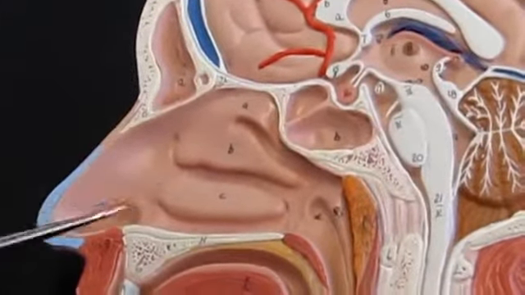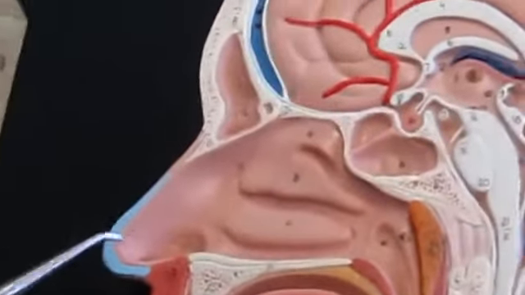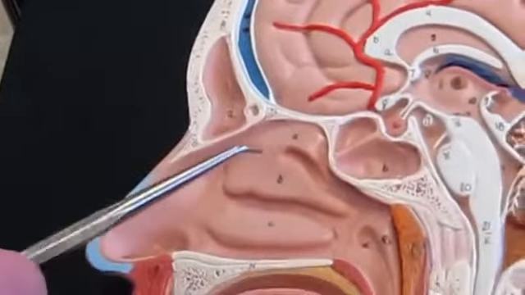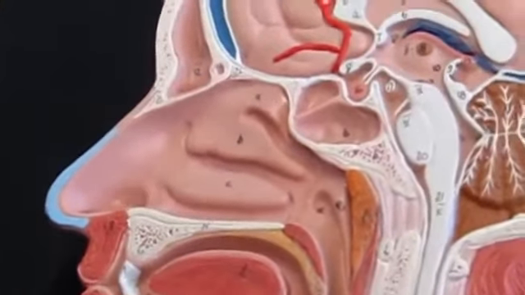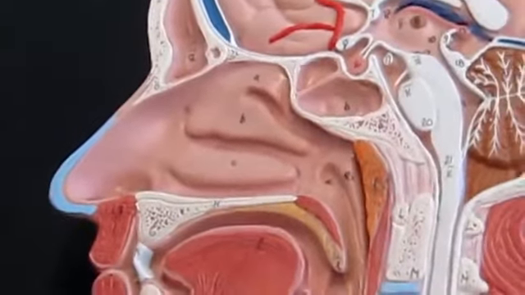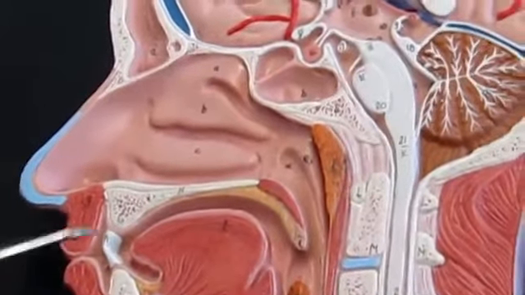Remember that all of the conducting zone organs, which allow air to eventually get to the respiratory zone, are going to help us as far as warming, humidifying, and cleaning the air as it's moving through.